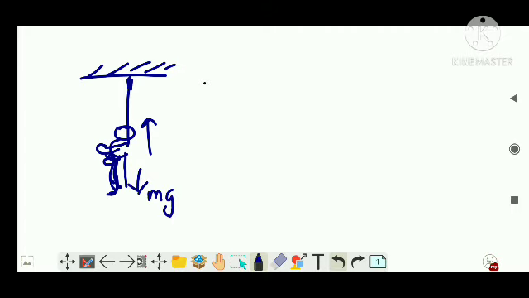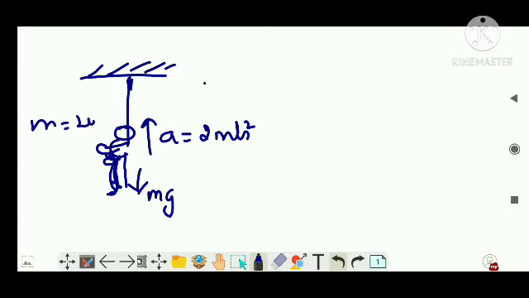Now let's say he is going up with an acceleration of 2 meter per second square. Let's say the mass of the monkey is 20 kilogram, and g we are going to take as 10.